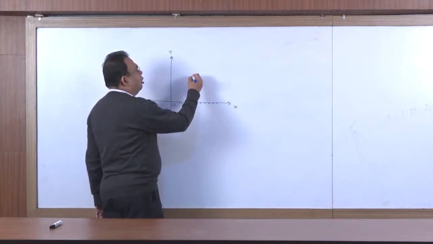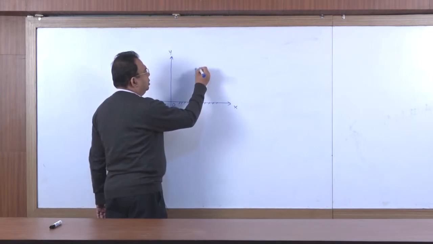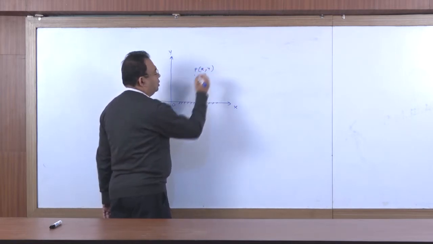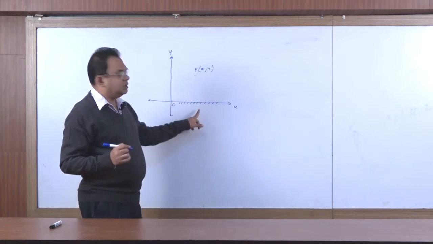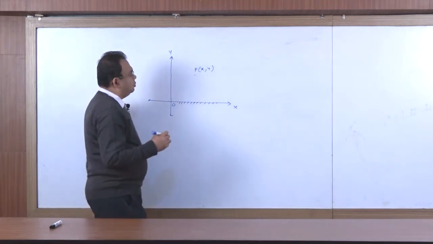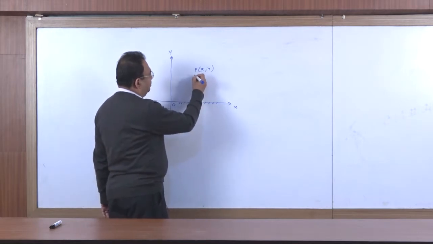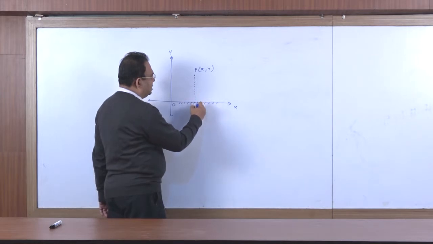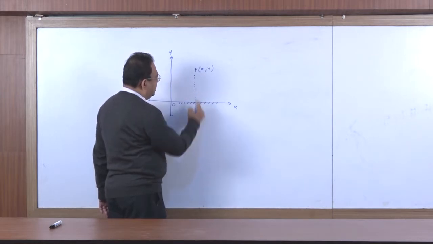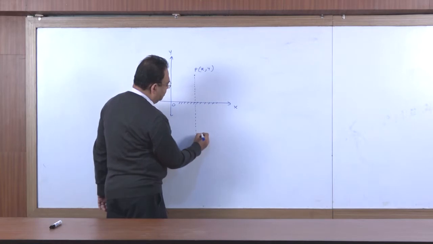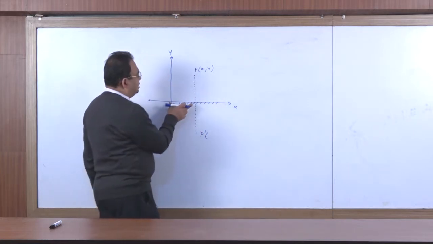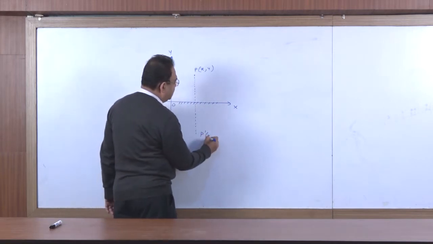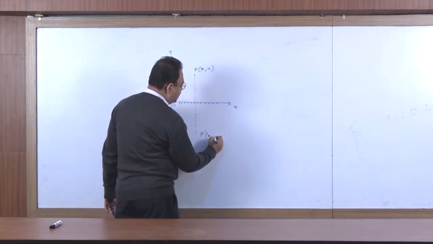Let us consider any object point P whose coordinate is x y, and P is reflected with respect to this mirror. From the elementary concept of physics, if we reflect this with respect to the x axis, P is reflected at P dash, and the coordinate for P dash is very obvious: x remains the same, and y is just opposite, that is minus y.